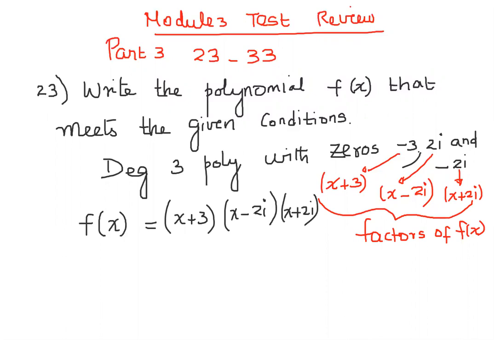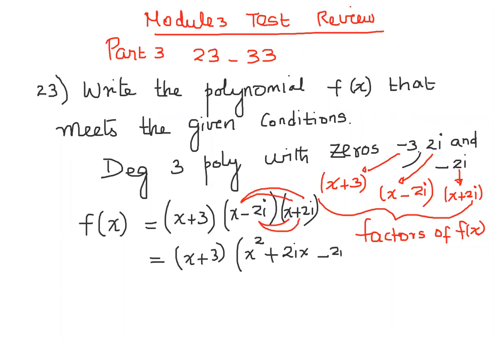Okay, so first I'm going to multiply x plus 2i and x minus 2i because they are imaginary numbers, so that makes it easier. So we get x squared plus 2ix minus 2ix minus 4i squared.